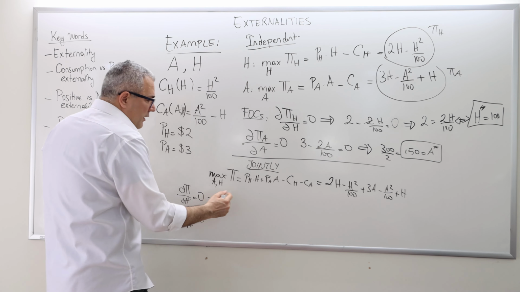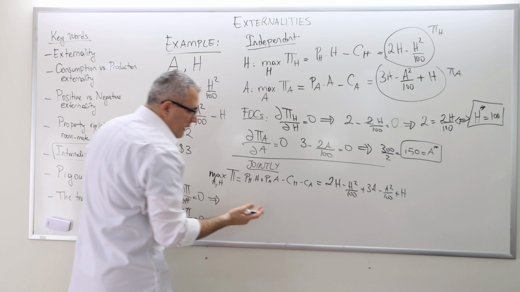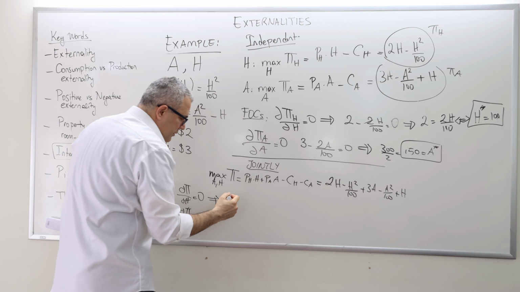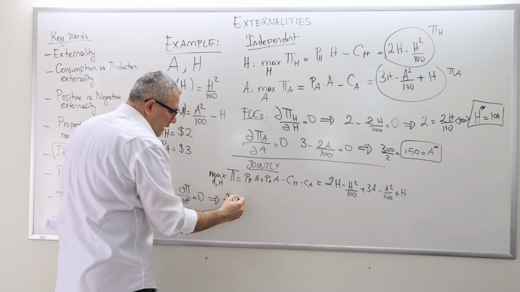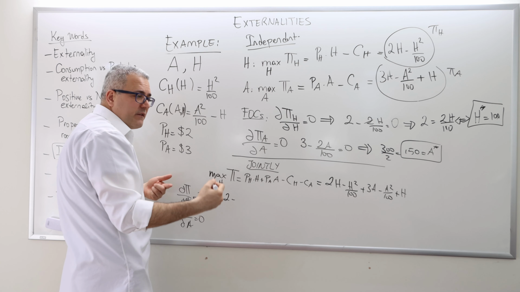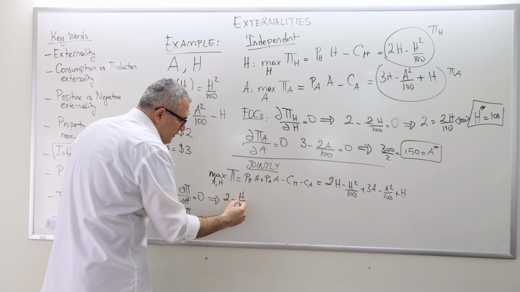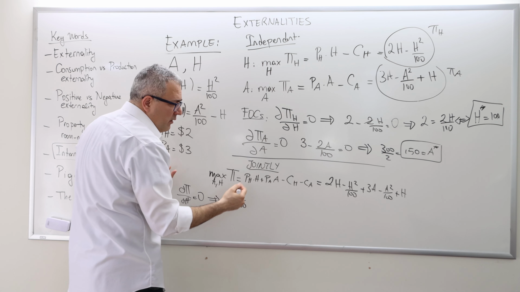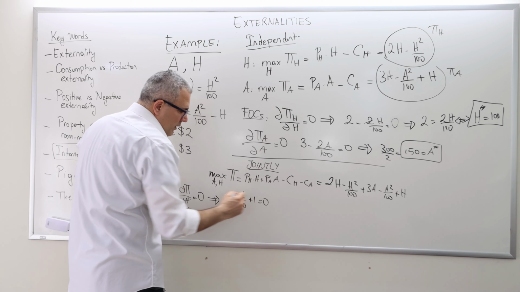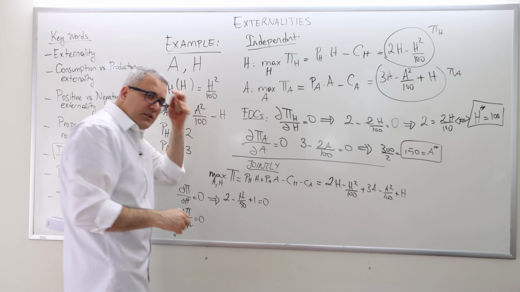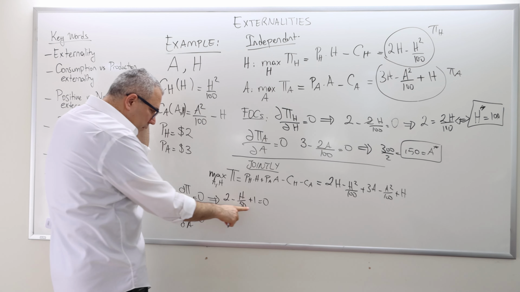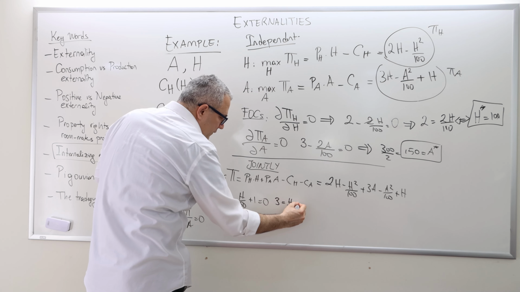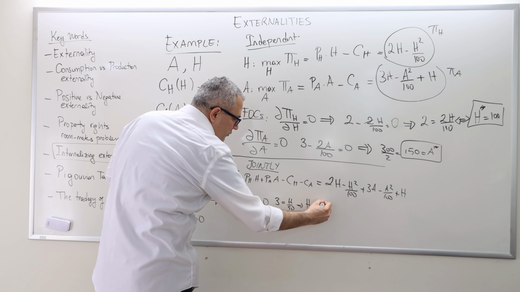The partial derivative with respect to honey: the derivative of 2h is only 2. The derivative of minus h squared divided by 100 is basically 2h divided by 100, but I'm going to write it as h divided by 50. And then 3a, its derivative is 0, and then plus 1, because the derivative of h is just 1. So therefore, 3 equals h divided by 50, and hence h equals 150.